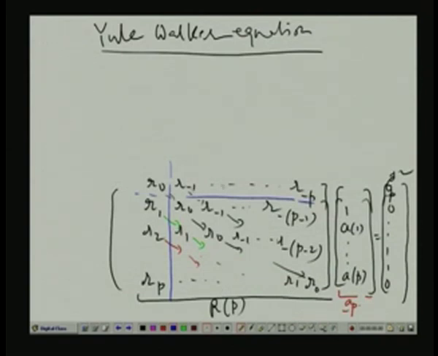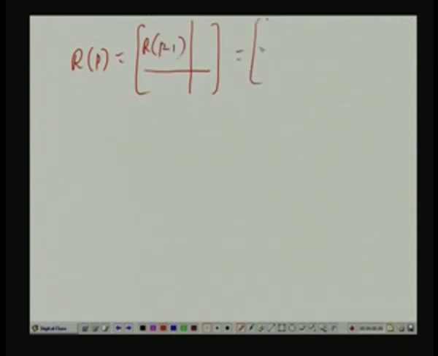So, this part is R p minus 1 and then one row and one column. Alternatively, you can also take this matrix like this, where this part is R p minus 1. We write like this, one row, one column, leave it, this is R p minus 1. This is called matrix partitioning.